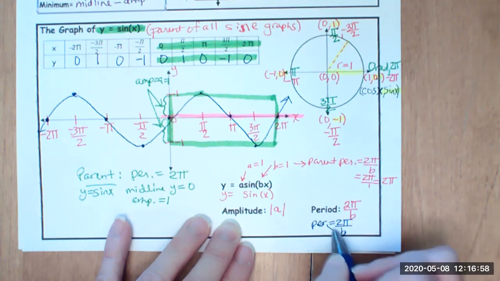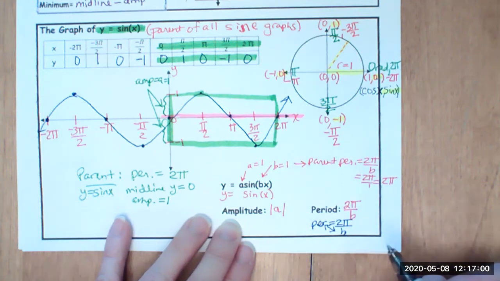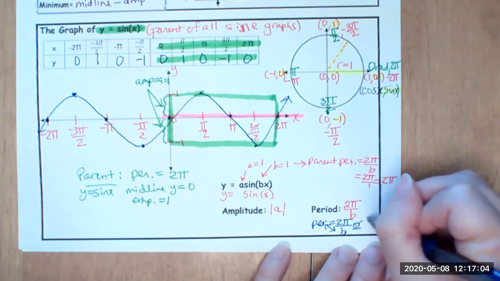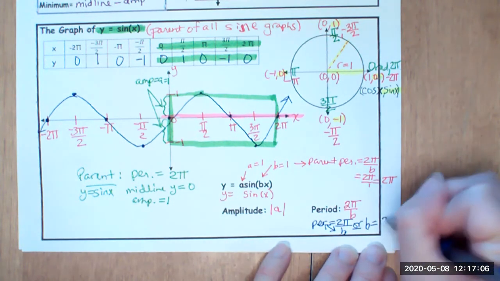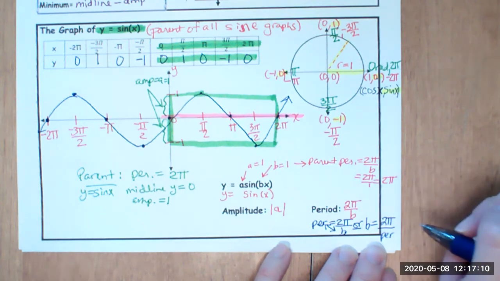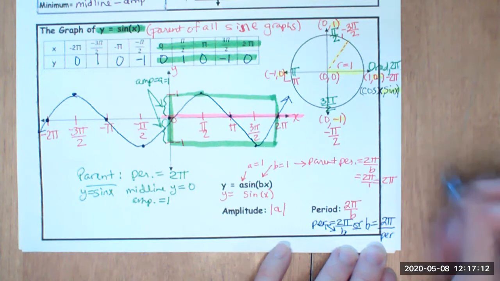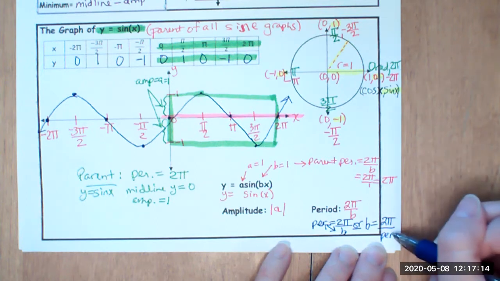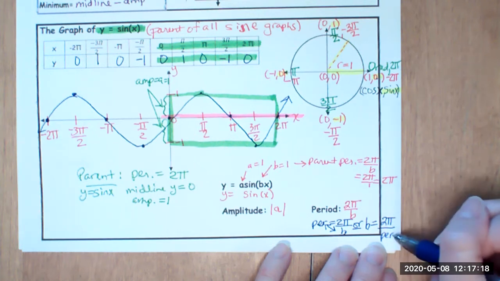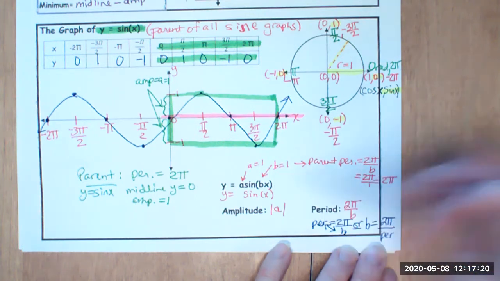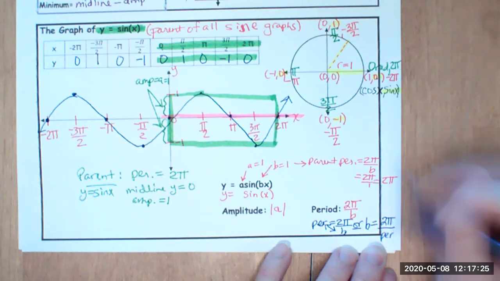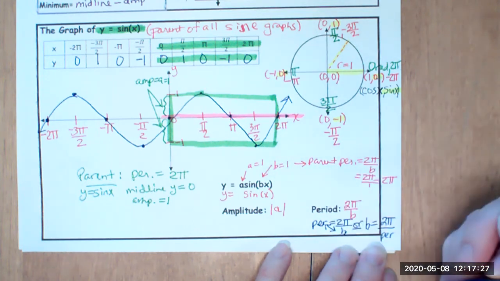So these two could change locations algebraically. So another way of writing this formula would be to say that b is equal to 2 pi divided by the value of the period that we're given. Okay, so if you're given the period and you need to calculate b, this is the way you can do it. And you can see it works here, right? The period is 2 pi, and 2 pi over 2 pi is equal to 1. Okay.